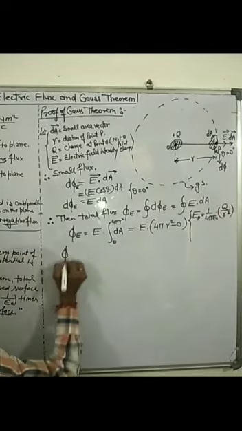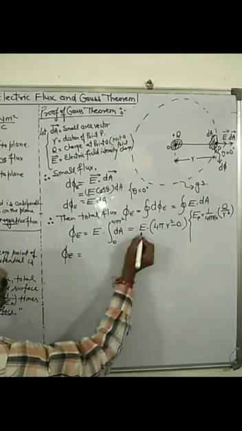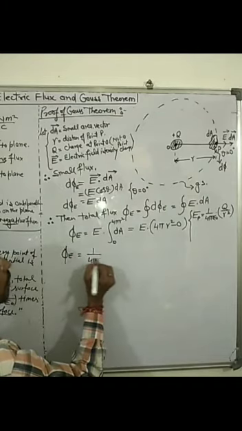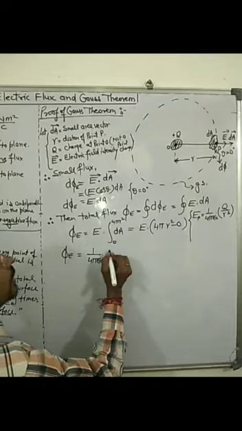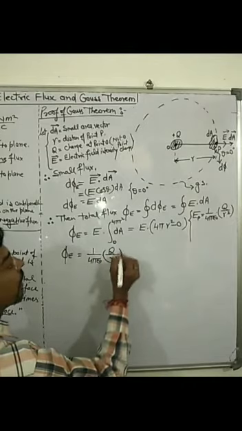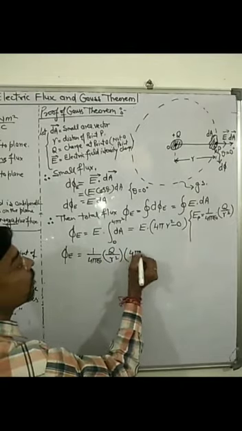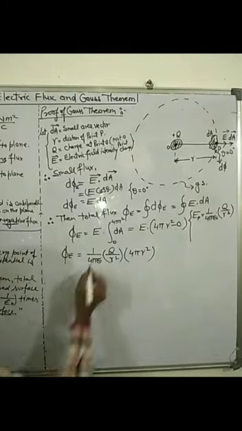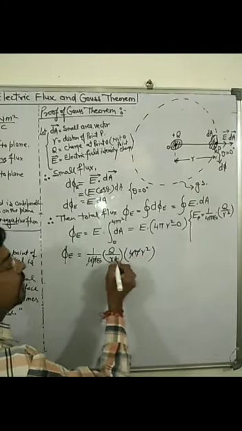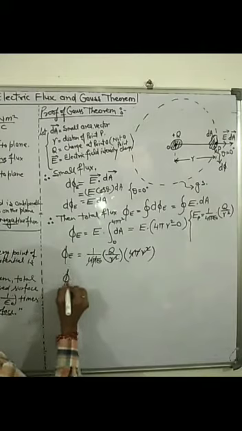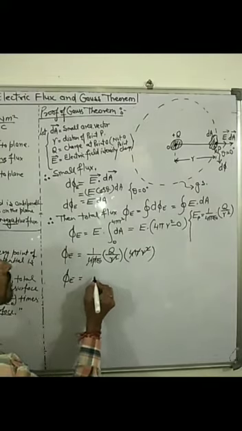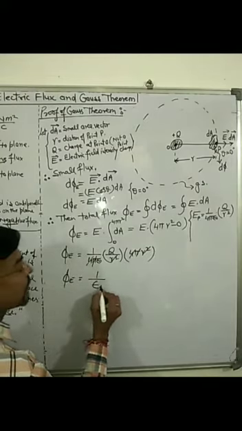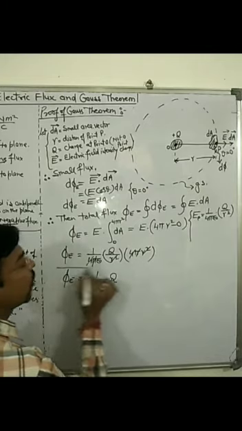So now phi E equals 1 upon 4 pi epsilon naught times Q over r square, multiplied by 4 pi r square. Now they will cancel. So what should be the value of flux? It becomes 1 upon epsilon naught times the total charge.